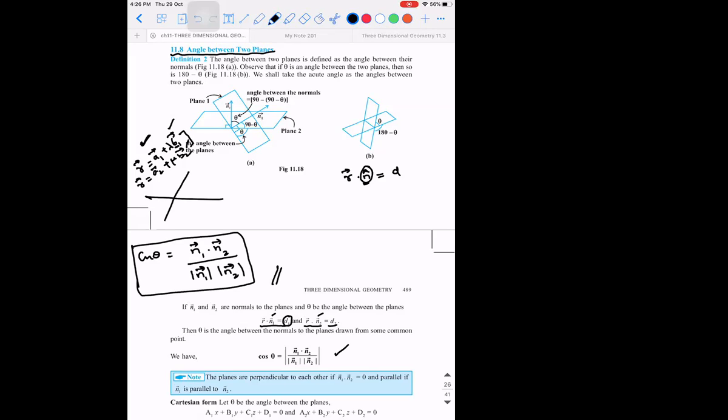Sir, n vector is the perpendicular distance, right, sir, from origin? It's not the distance, it is the perpendicular vector to the plane. Oh, okay, sir.